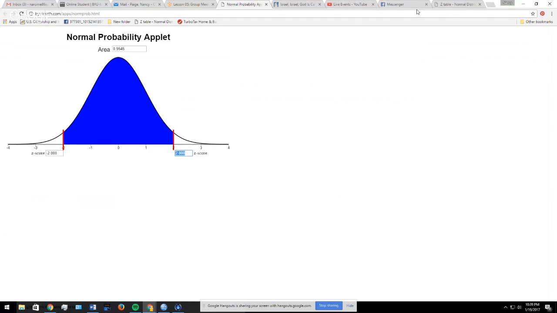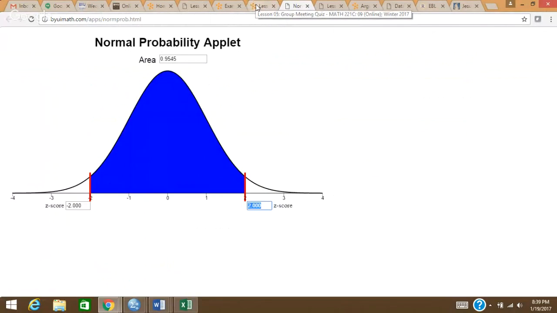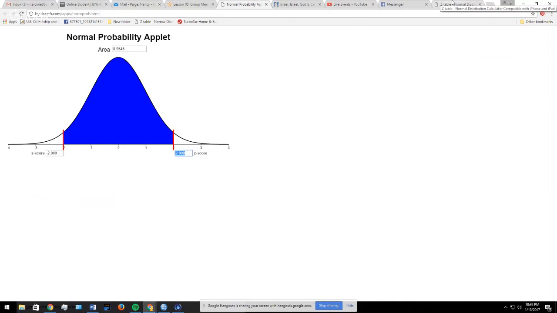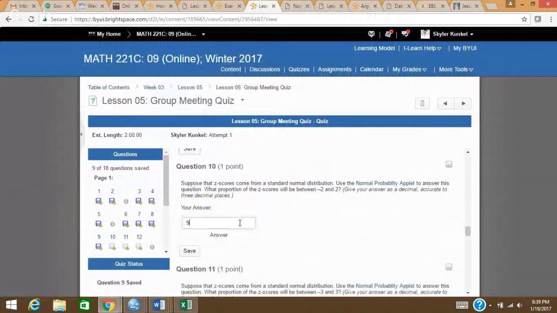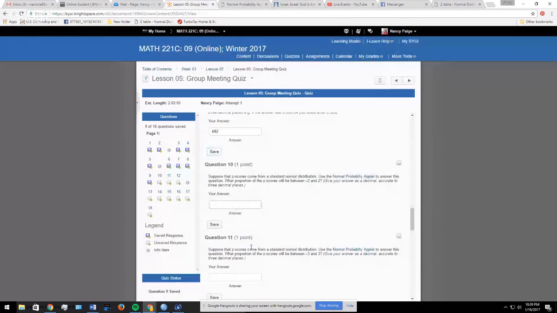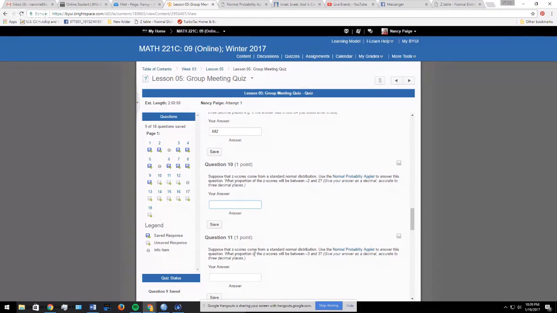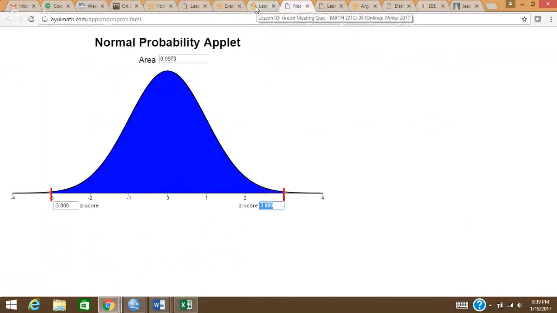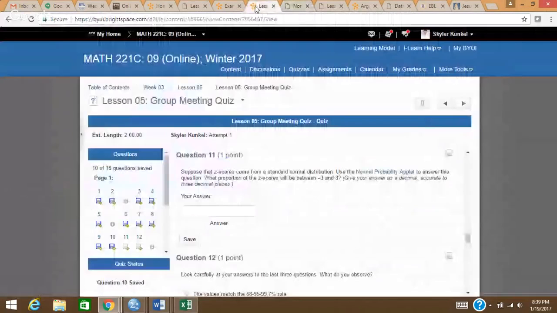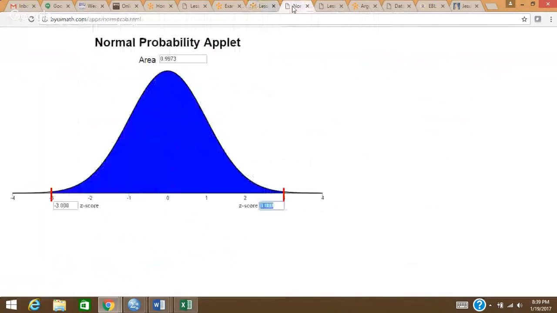Yeah, 0.955. We're basically doing the 68, 95, and 99.7 rule right now. Yeah, we are. Because the next one is 3, and that one is 0.997. Yeah.